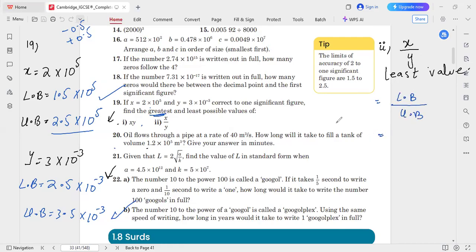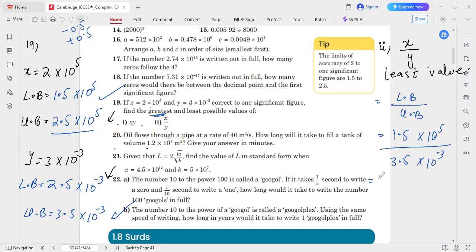Lower bound of x you will choose, but the upper bound you will choose from y. So lower bound of x is 1.5 times 10 raised to the power 5, and we need to divide it by the upper bound of y, that is 3.5 times 10 raised to the power negative 3.